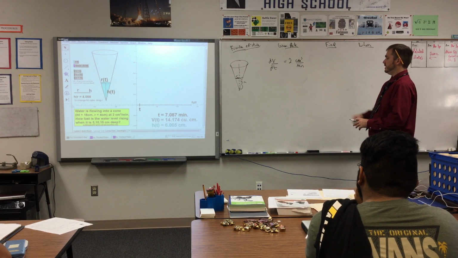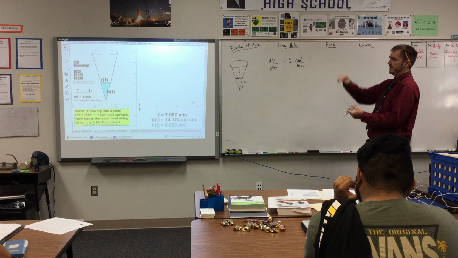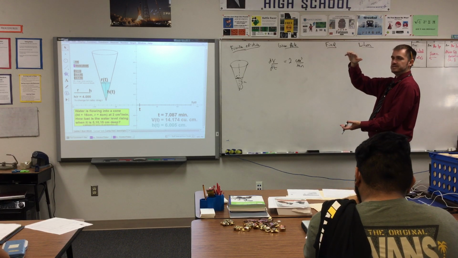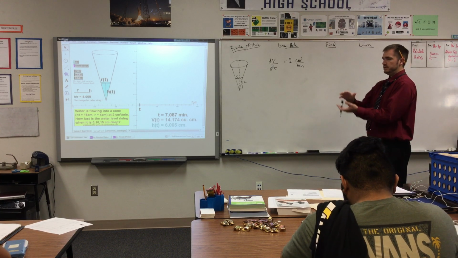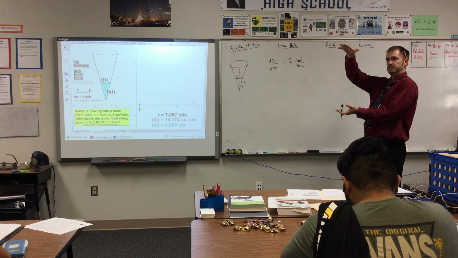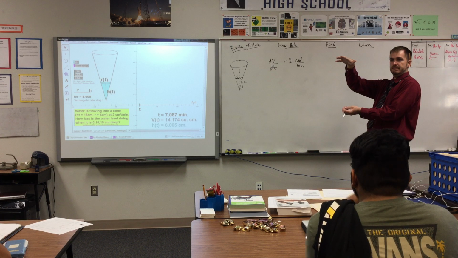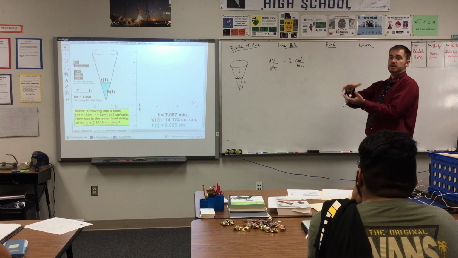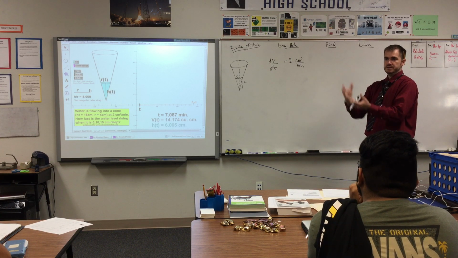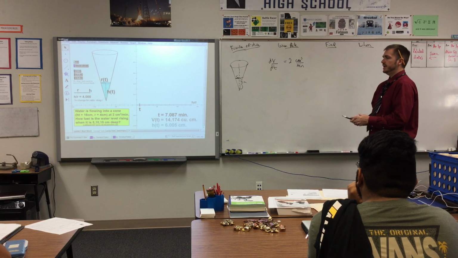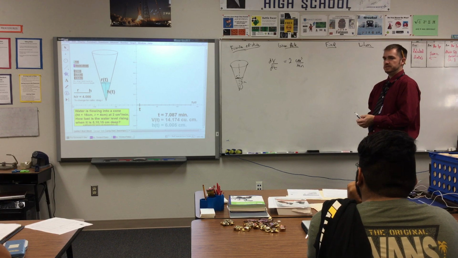Then what they want us to find is how fast the water level is rising. Okay, so that's how fast it's going up. Anybody have an idea what that would be? Now, not what the number is, but what's that quantity? What's the symbol for that? How fast the water level is rising.